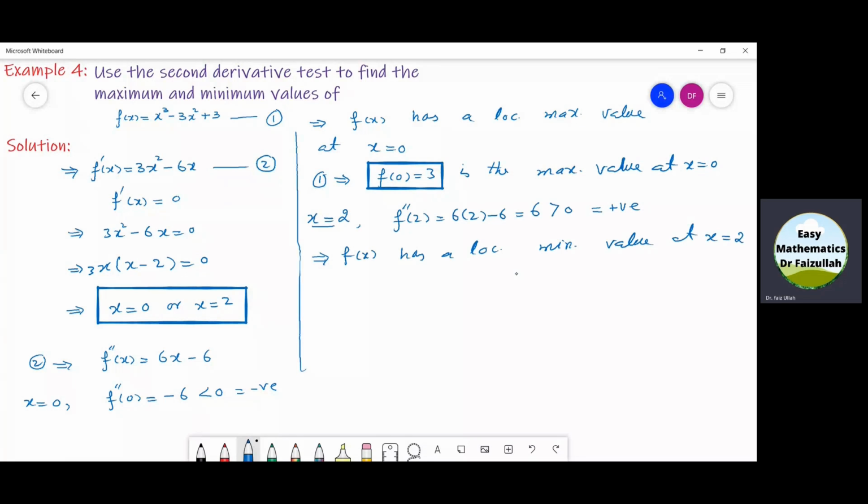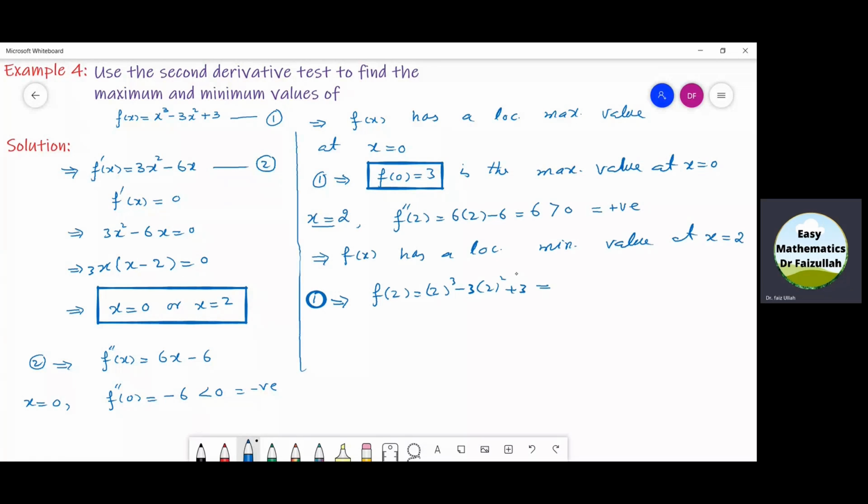And now to find the minimum value, again we put x is equal to 2 in the given function. So f of 2 is equal to 2 cube minus 3 into 2 square plus 3.